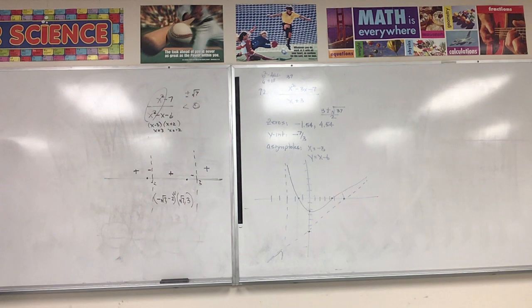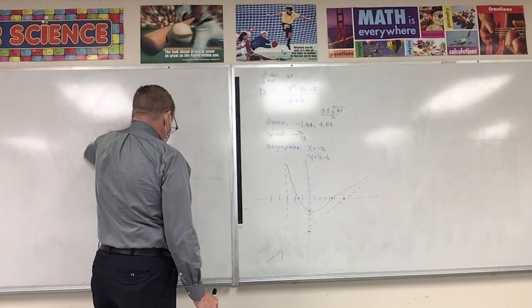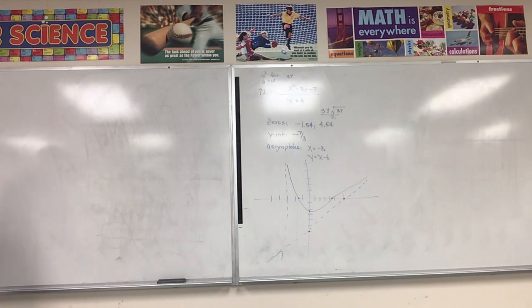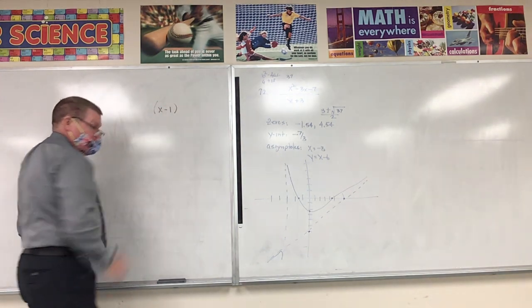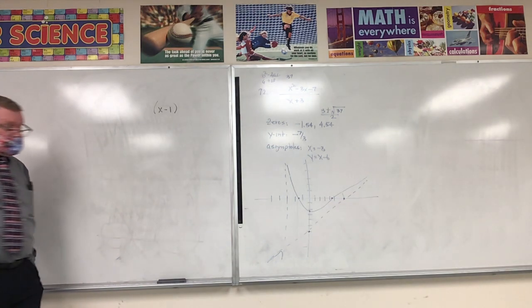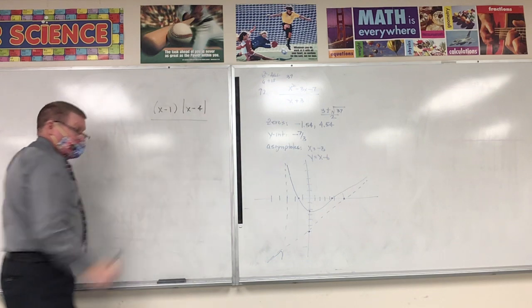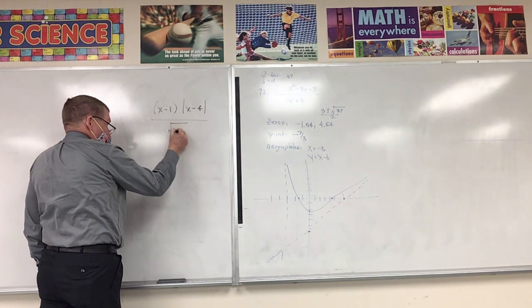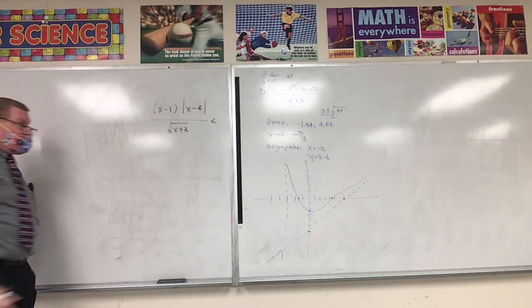Okay? And then you had number 82. So you get x minus 1 times the absolute value of x minus 4, over the square root of x plus 3, greater than 0.